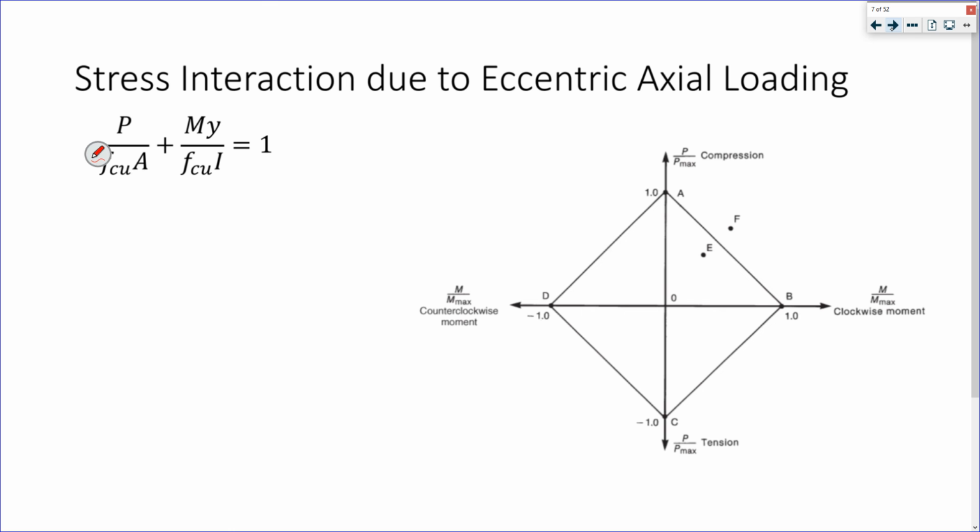This is my P over FCUA, MY over FCUI equal to 1. If I look at FCUA, that would be my maximum allowable axial force, P max.